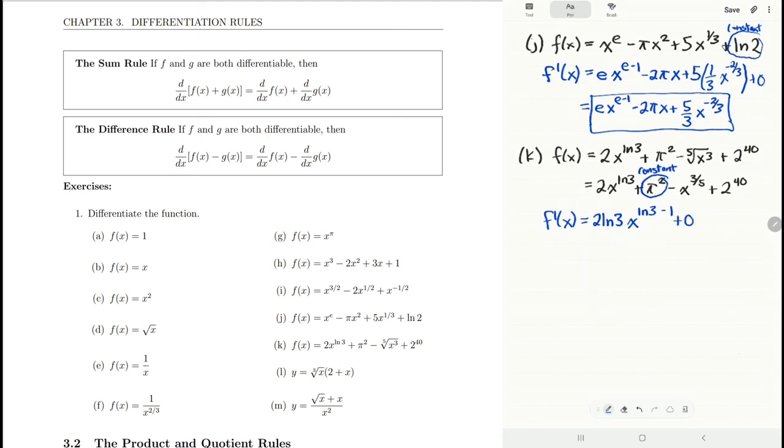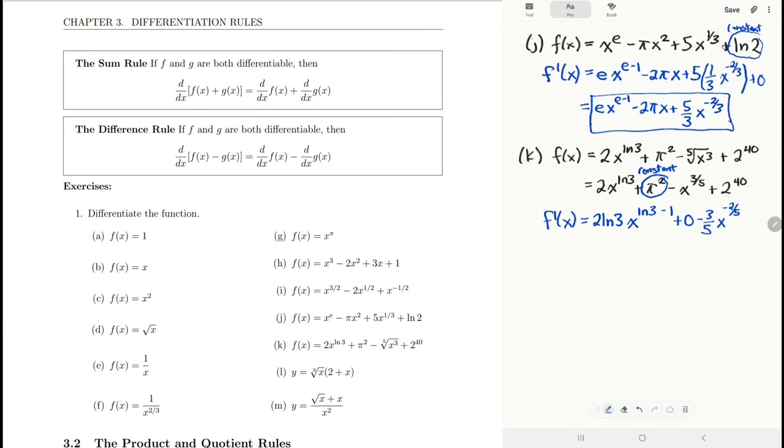So we add plus 0. Then we minus the derivative of x to the 3 fifths, that's 3 over 5, times x to the power of 3 over 5 minus 1. And 3 over 5 minus 1 is negative 2 fifths.